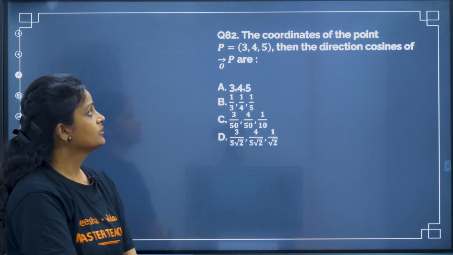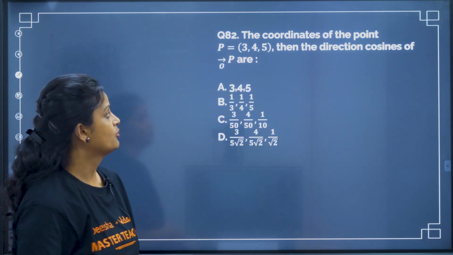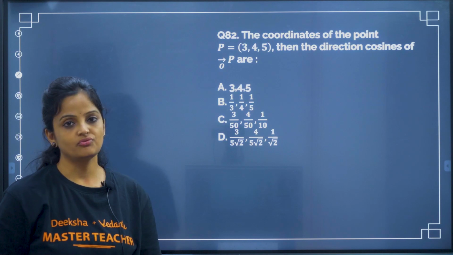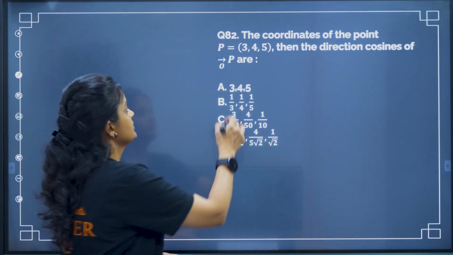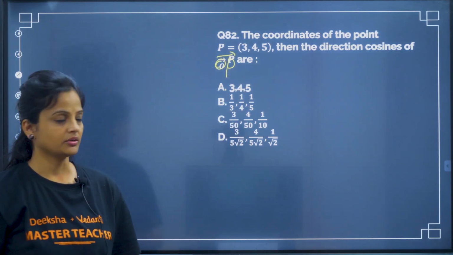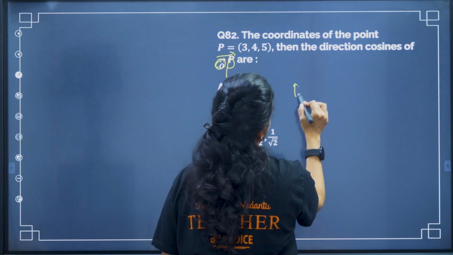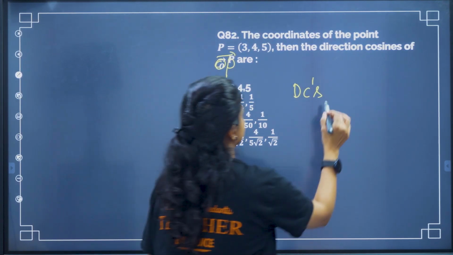The coordinates of the point P are given as 3, 4, 5. Then the direction ratios of OP are what? Okay, DCs are asked for the point, right?